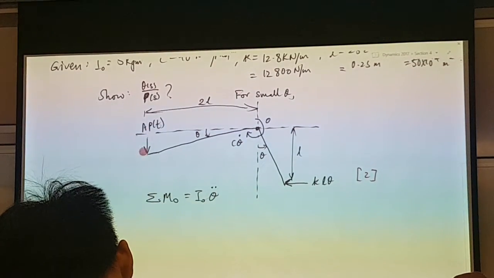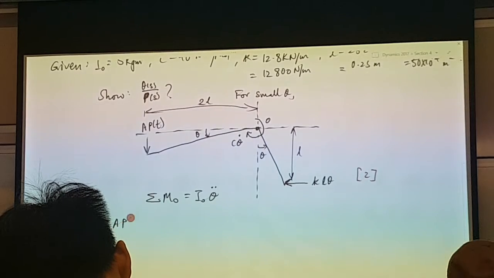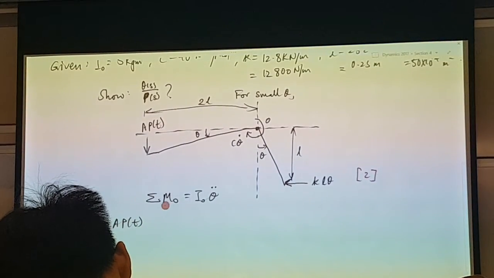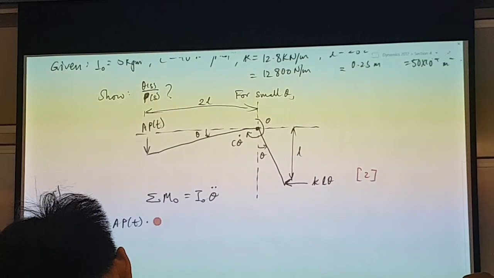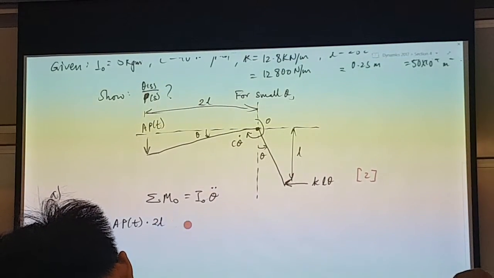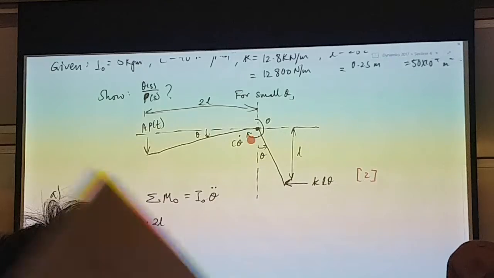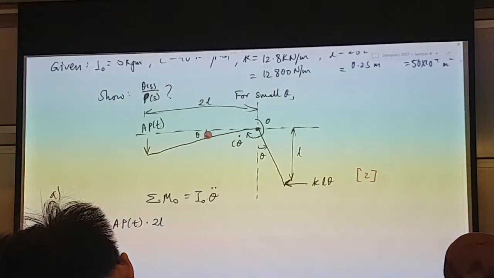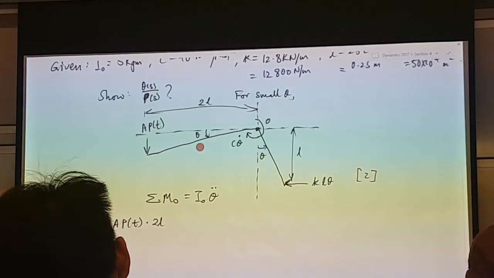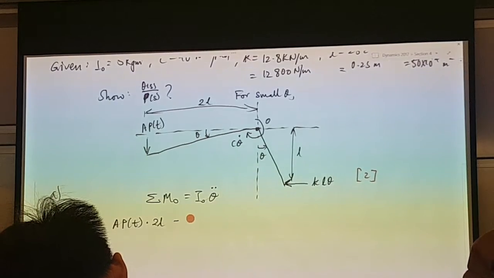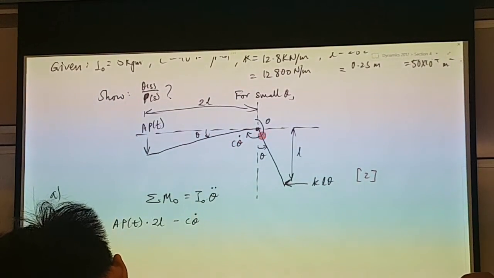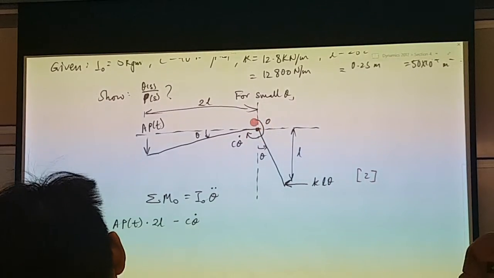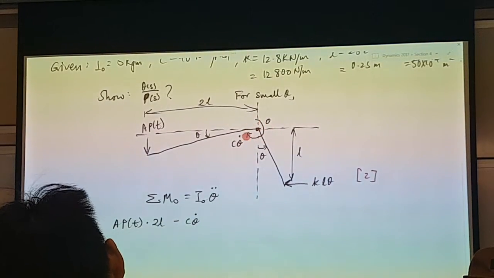So the first force, A, T, P. And since it's a moment, it's force multiplied by the perpendicular length, which is 2L. The next one, this moment, is in the opposite direction of my convention, so that means minus C theta dot, because it's already in moments. This circular round arrow means moment.